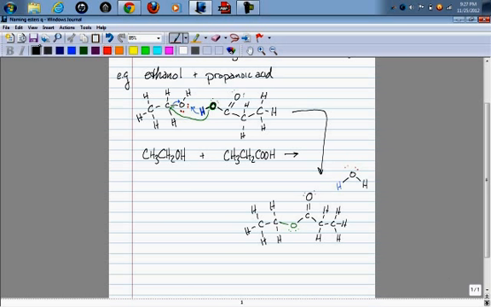Now to name this product, just look at the name of the alcohol that was used or consumed in the reaction. Ethanol. And we're just going to use the first part of the name and put a -yl suffix there: ethyl.